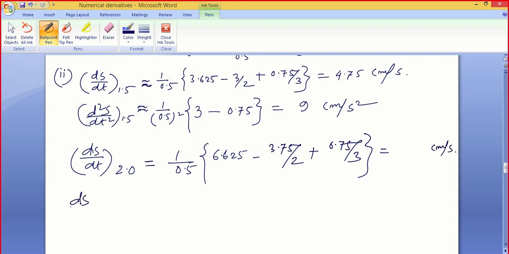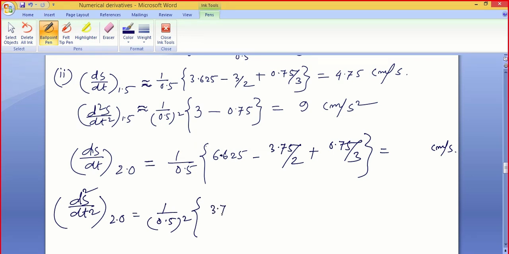And d2s by dt2, acceleration at 2, equals 1 by 0.5 square. This is first difference 6.625, second difference 3.75.